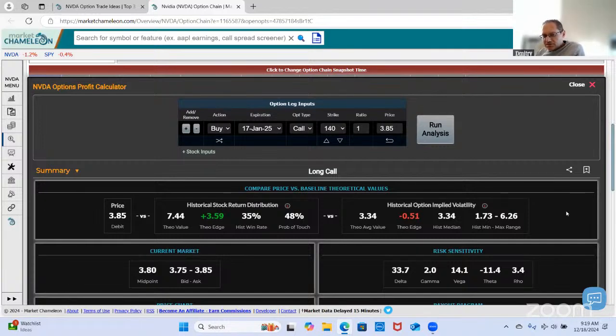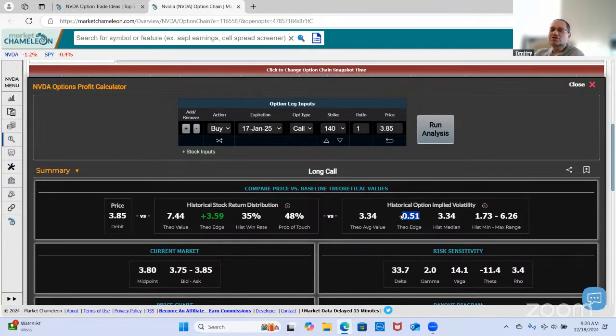So that's a little bit different, because here we see that now we have a situation where, in theory, the way the stock behaved, it looks like it's priced below that. But if we looked at the option pricing model and the implied volatilities, then we're priced above the average.